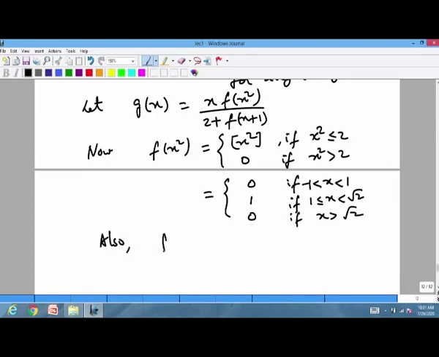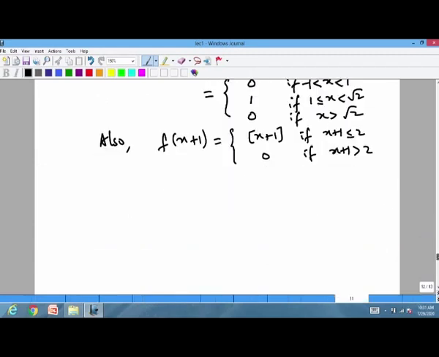And f of x plus 1, if you see, this is equal to greatest integer of x plus 1 if x plus 1 is less than or equal to 2, and 0 if x plus 1 is bigger than 2.